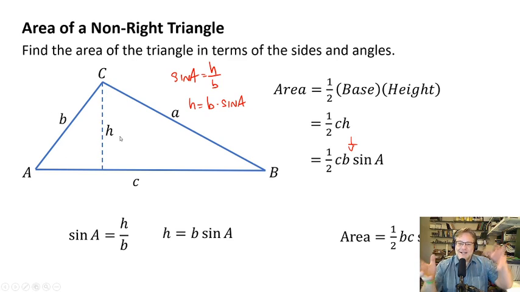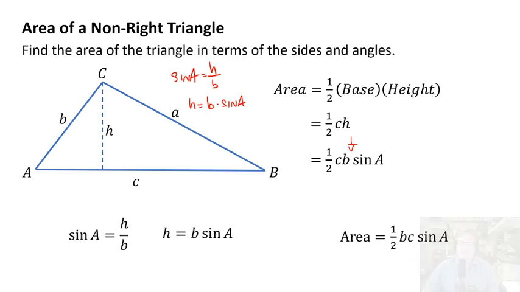Could have just as easily taken the same triangle, turned it on another side, called that the base, drew another perpendicular height to another side here, and gotten a different formula. I could have also turned the triangle over on its third side, called that the base, and drew another height that way. So what you're seeing here is not the only formula for area.